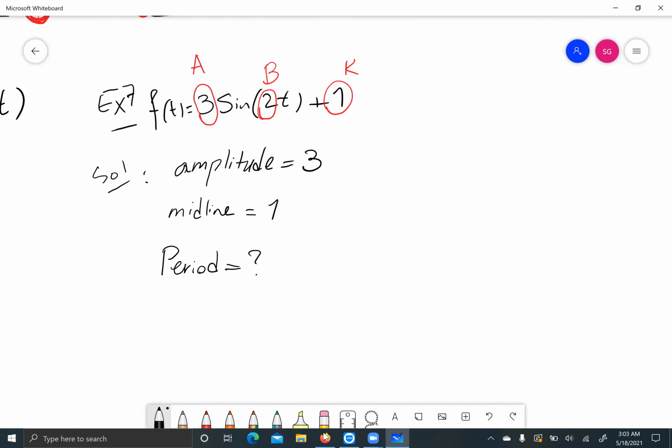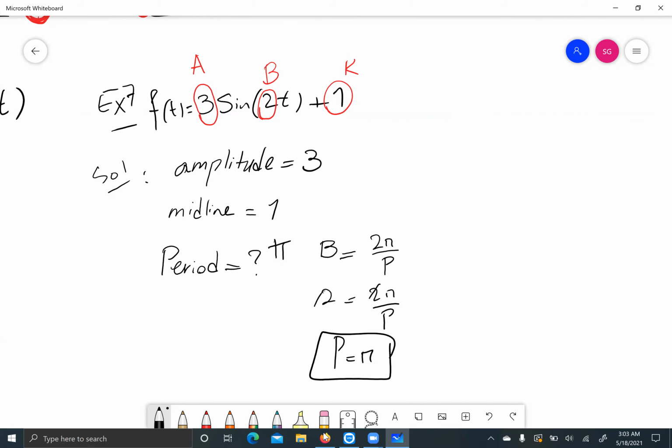Okay, so b is 2 pi divided by period. b in this case is 2. So P is going to be pi.